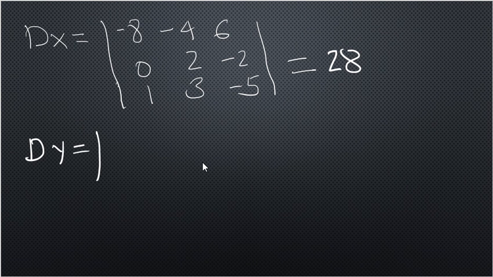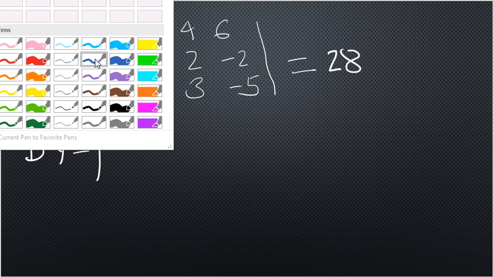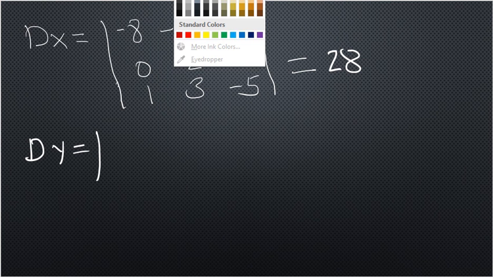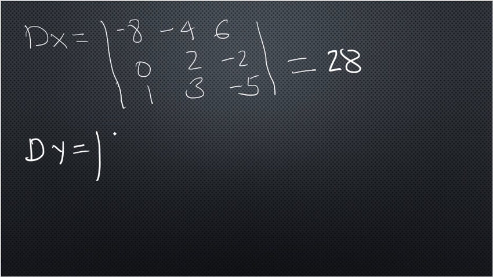Therefore, dy will be the first row, the first column, no change, but the second column will be replaced by the constant -801, and the last one as it is again 6, -2, and -5.